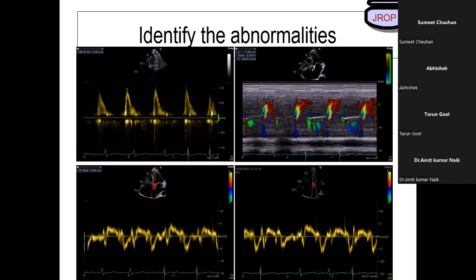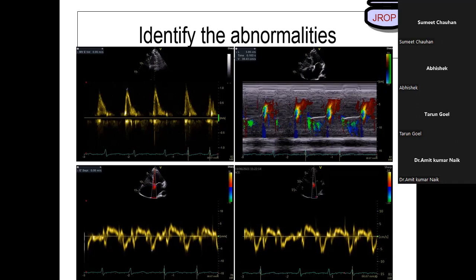Now suppose a patient has atrial fibrillation, how will you calculate his diastolic function? We can calculate by the isovolumic relaxation time.